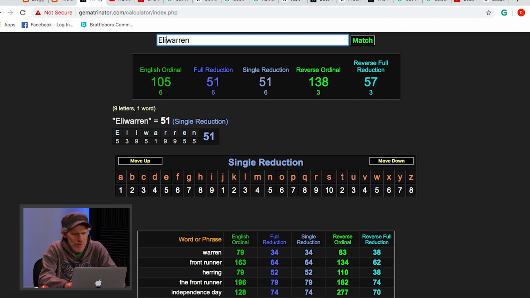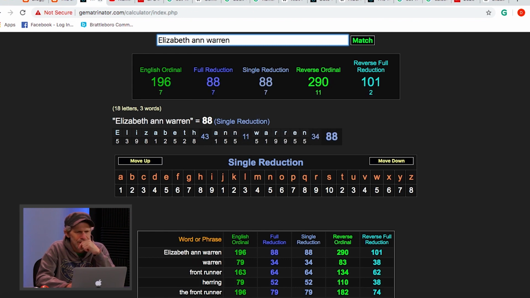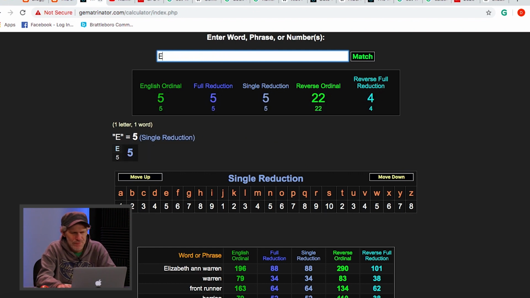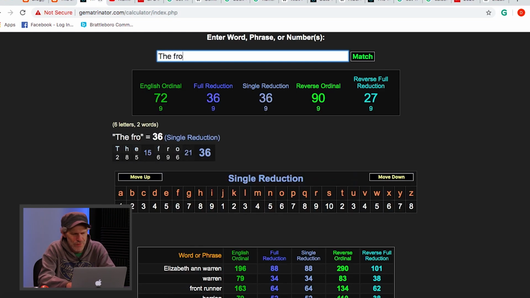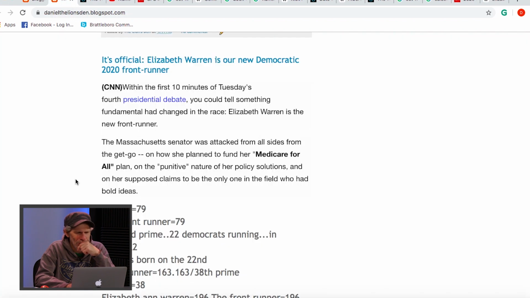And just type in Elizabeth Ann Warren is 196, and her full name. Another link for her being the front runner. The front runner equals 196. See that? So she's the front runner. That's why she's the front runner.